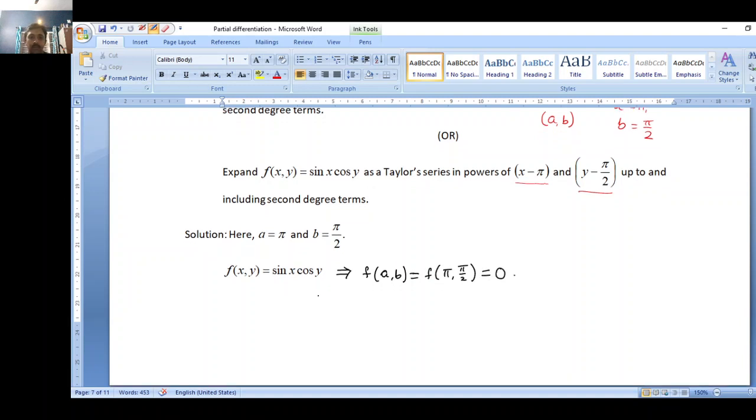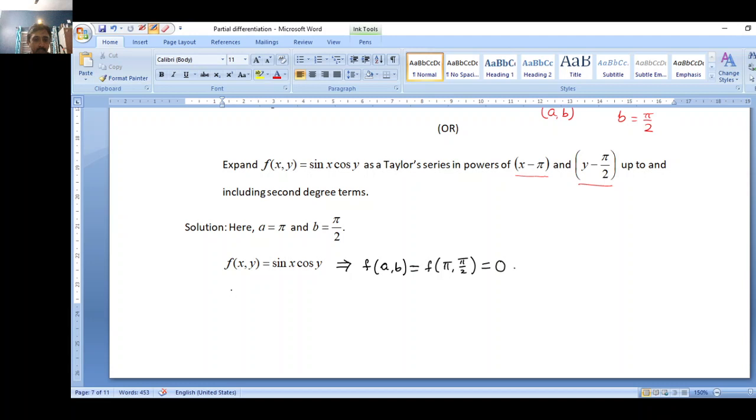Okay, so after we got f of a comma b, we next have to find out fx of a comma b. Before that we'll have to find the general first order partial derivative of f with respect to x. So how do you do this? We'll just differentiate partially with respect to x. So obviously cos y will remain the same and sin x when differentiated with respect to x will give you cos x, correct?